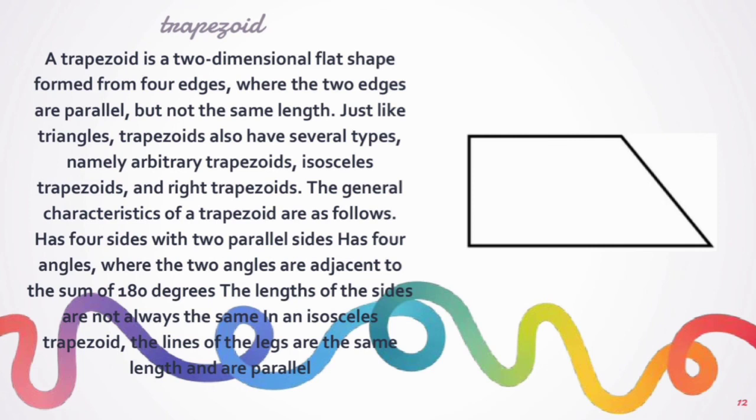The general characteristics of a trapezoid are as follows: it has four sides with two parallel sides, and four angles, where two adjacent angles sum to 180 degrees. The lengths of the sides are not always the same, but in an isosceles trapezoid the legs are the same length.